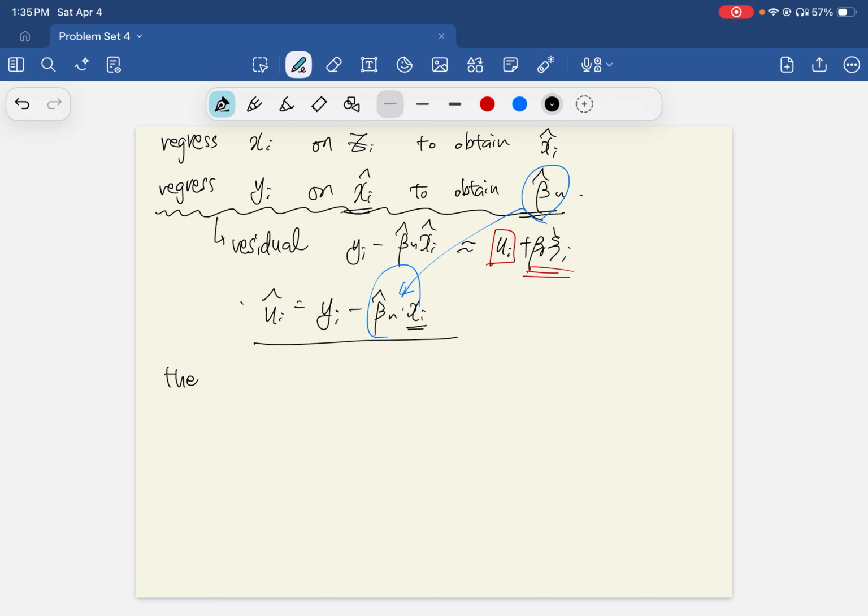And then, expectation of ui squared xi hat squared will be calculated as 1 over n summation ui hat squared times xi hat squared. So simple. And of course, expectation xi hat squared will be this. So it will be pretty straightforward to do this.